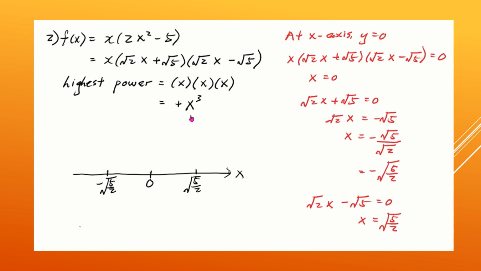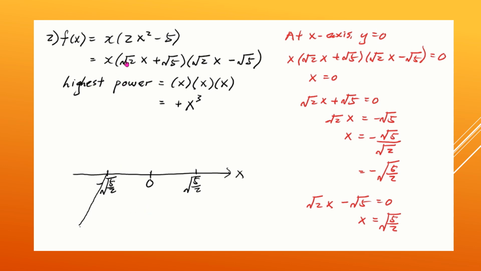When we look at the highest power, it is positive x to the power 3, which means basically the shape of the curve is extending upwards from left to right. So we can start the graph here. We start sketching the graph from here.